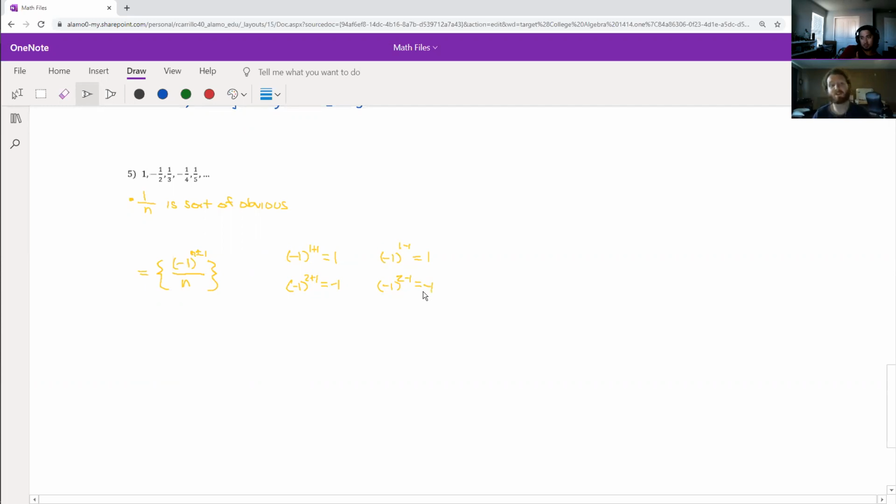So either of these work. This is another example of how sequences can have multiple definitions. So I'm pretty sure my math lab and all that will only take one of these. So for the sake of simplicity, let's say n minus 1, but notice either -1 to the n minus 1 or -1 to the n plus 1 work.